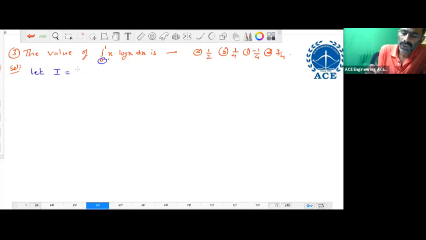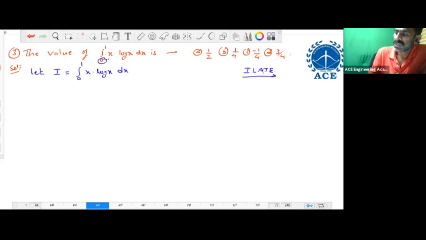Let I equal to integral 0 to 1 x into log x dx. It is a product of two functions, so we can apply the UV rule. According to the UV rule, we choose the first function and second function, then we evaluate. According to ILATE, we choose the first and second function from left to right.